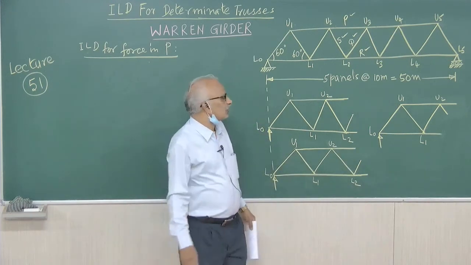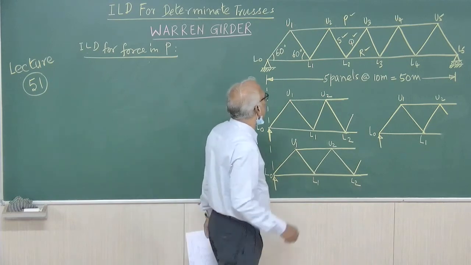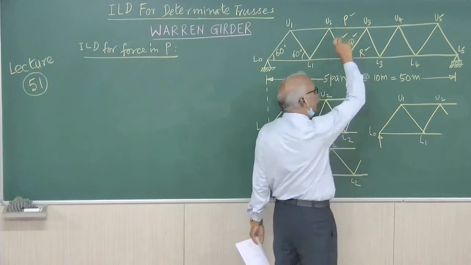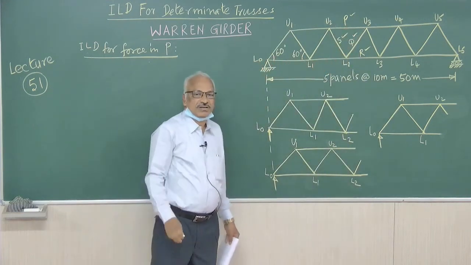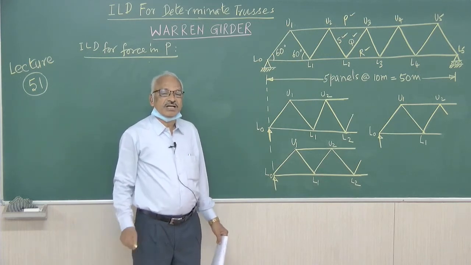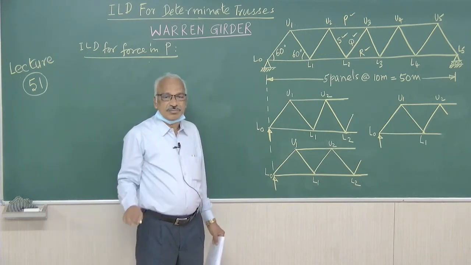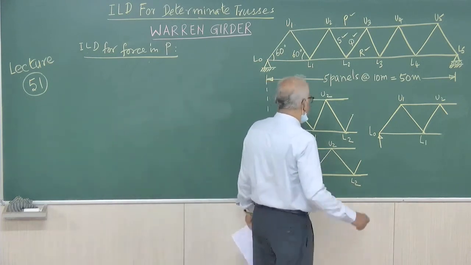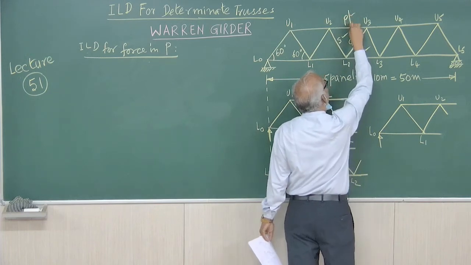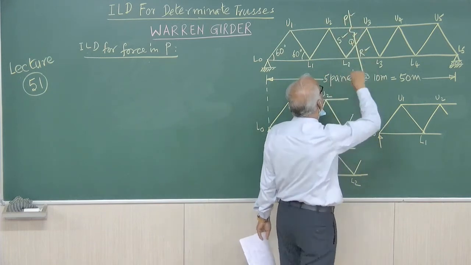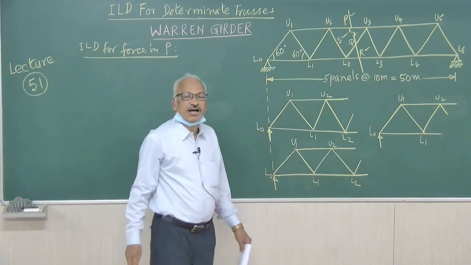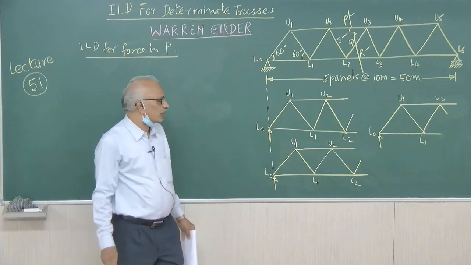When we want to draw the ILD for a force in a particular member, pass a section through the member P. At the same time, it should not cut more than 3 members. So let us pass a section cutting the member P and not more than, now the section passes through the members P, Q and R.